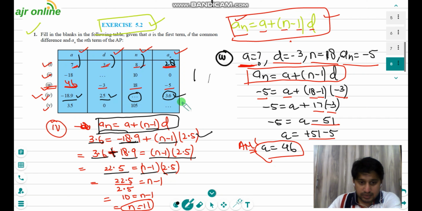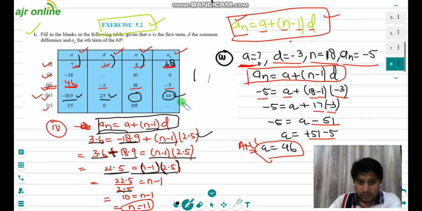As this is in multiplication, you have to practice this very diligently, because most students are not able to solve these questions. The best trick is that since it is in multiplication, you take it to division. It will become 22.5 upon 2.5.